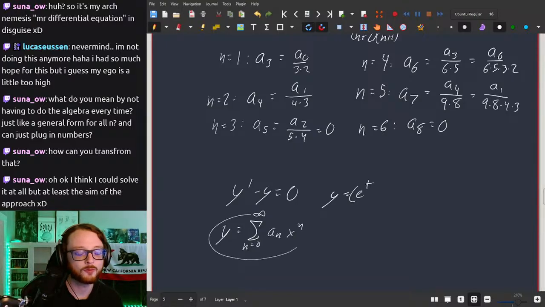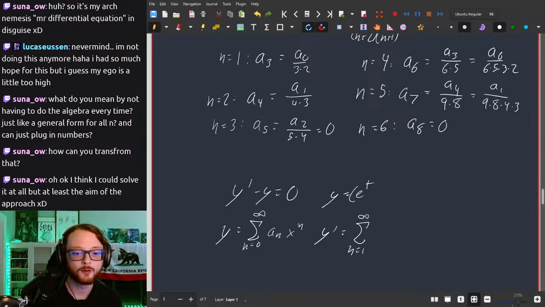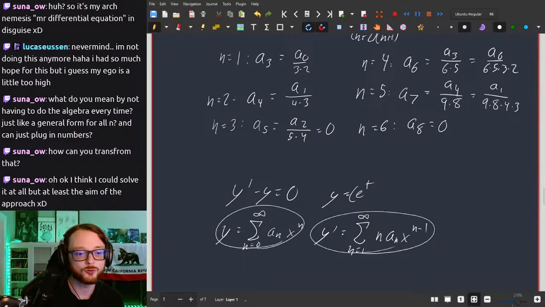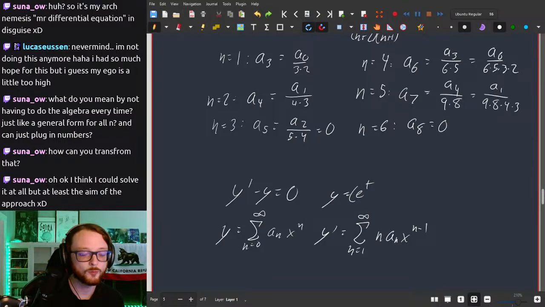You basically just take that for your form of the solution for y, take the derivative, n times a sub n, x to the n minus 1, and then you plug these both into the original differential equation and rearrange things from there to figure out what a sub n is. And you do end up with the power series for e.